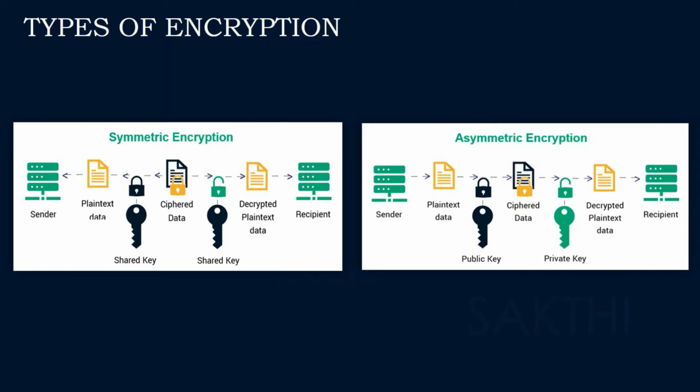In encryption, there are two types of encryption: symmetric encryption and asymmetric encryption. Symmetric encryption is like when a sender sends some data to a recipient, he sends it in an encrypted way using a private or a shared key.